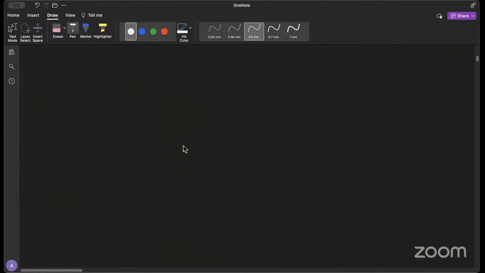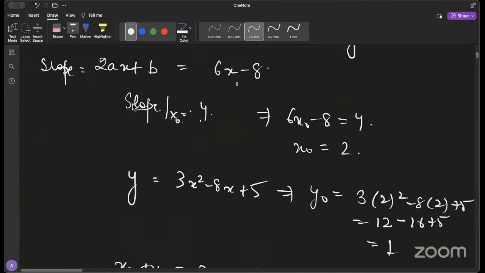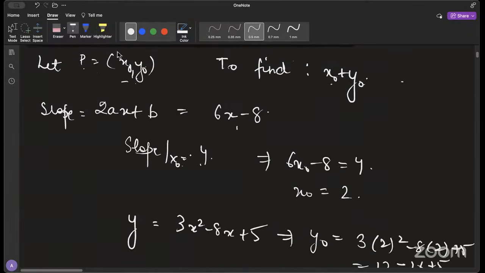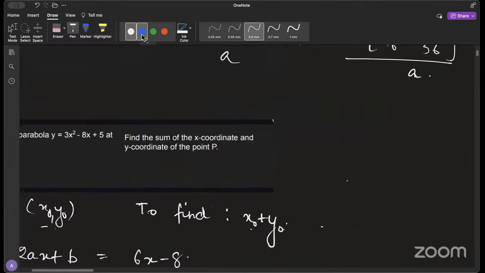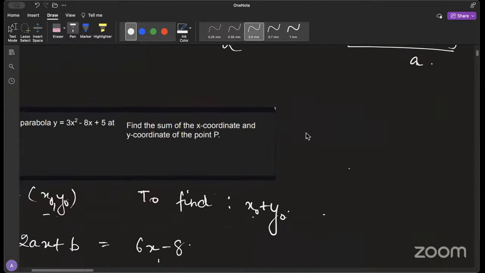Ma'am, why would you use this formula for slope, 2ax plus b? Your slope is basically that, because we've not done derivatives yet.